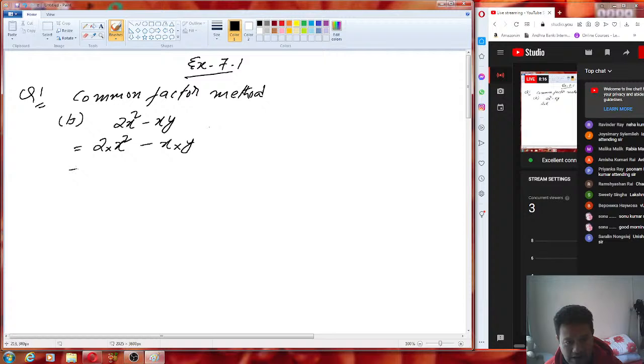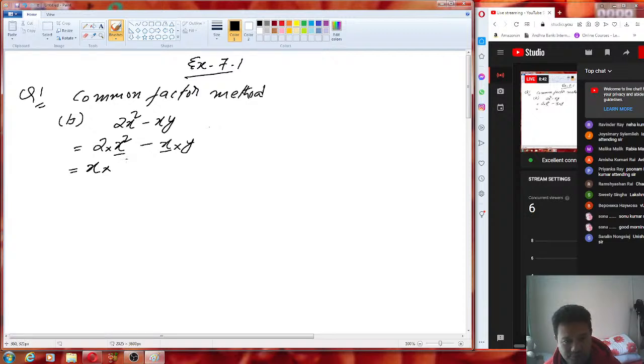Well, after we understand these factors, the next part is to understand the common factor. So what is the common factor? If you see the first term and the second term, you'll find that there's only one factor which is common, and that is x. So you have to take that x out as one common factor.